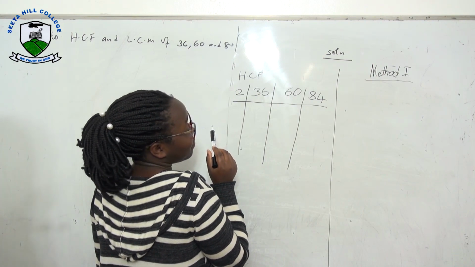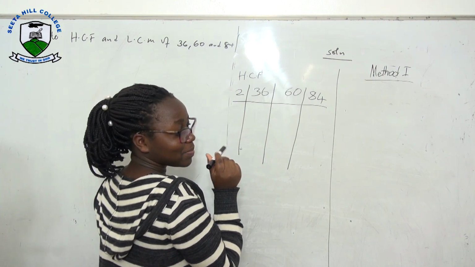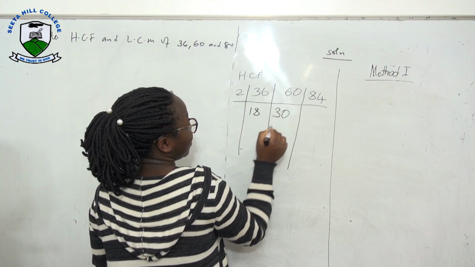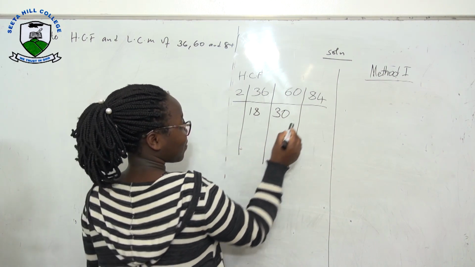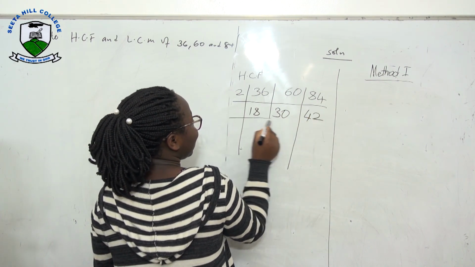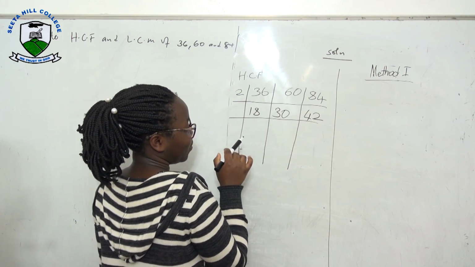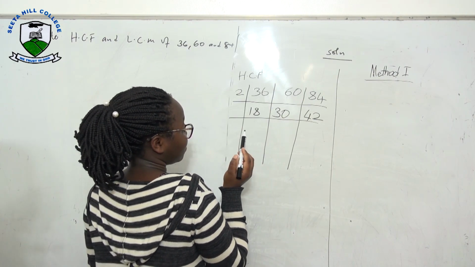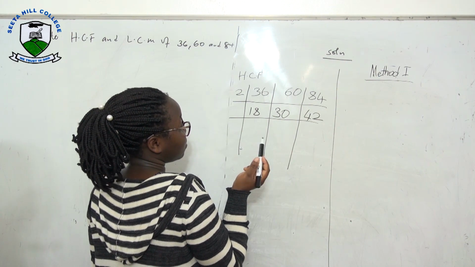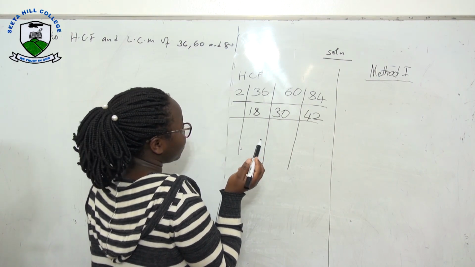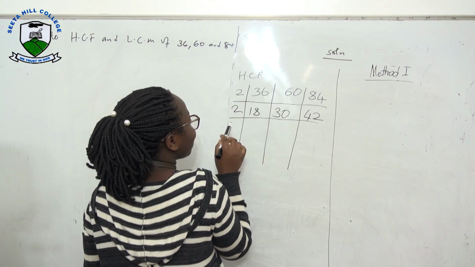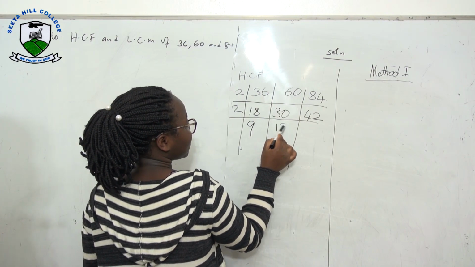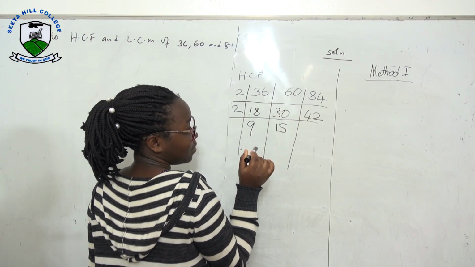2 divides 36, 60 and 84. We look at these numbers and see which factor we can use to divide them without leaving any remainder. We can still use 2. So 18 divided by 2, 30 divided by 2, and 42 divided by 2.